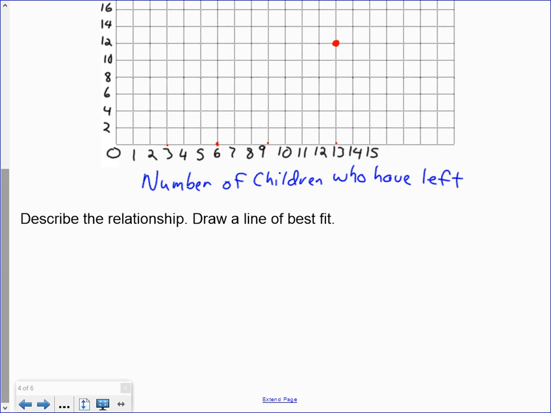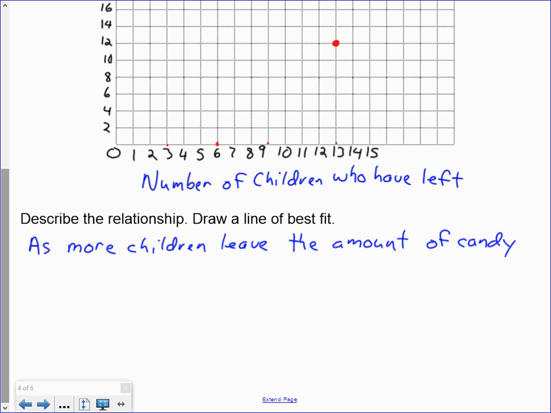We could say that as more children leave, which is what we're seeing as we go from left to right on that horizontal axis, the number of children who are leaving is increasing. As more children leave, the amount of candy decreases.